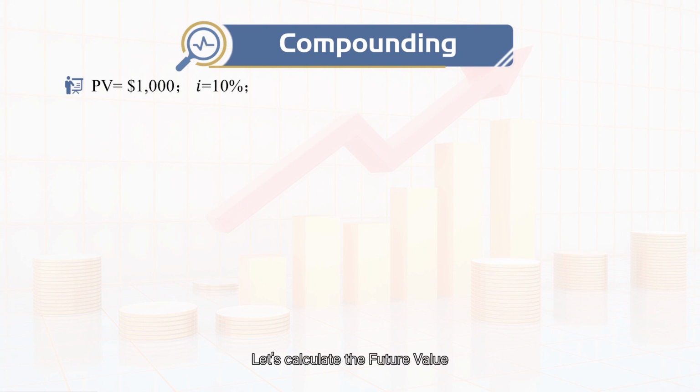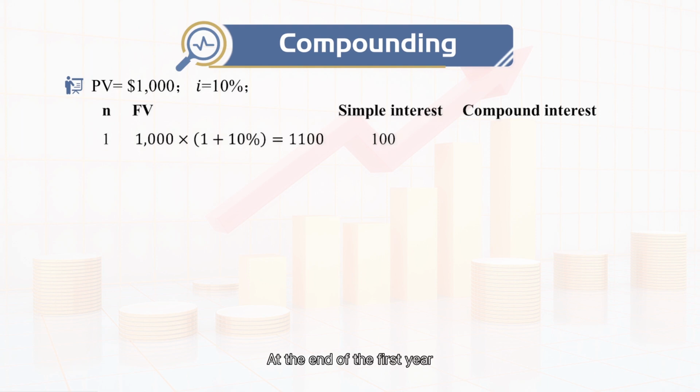Let's calculate the future value FV step by step. At the end of the first year, we will have the original $1,000 plus the interest of 1,000 multiplied by 10%, which is equal to 100. And the $100 is a simple interest.